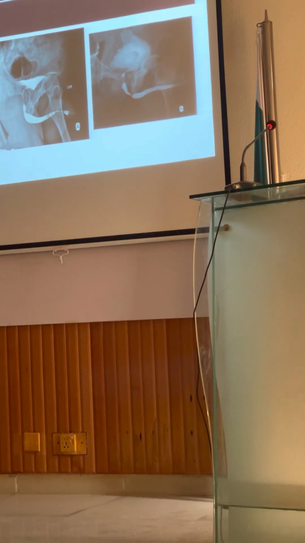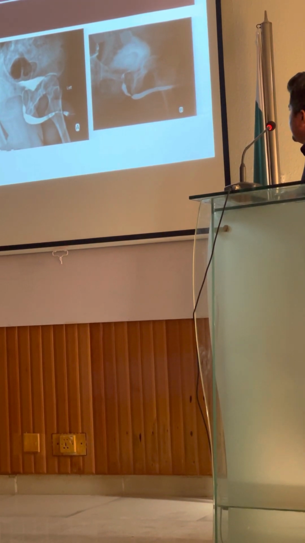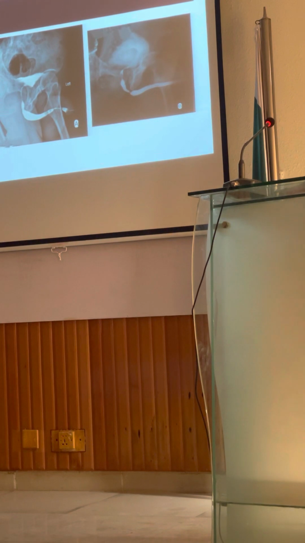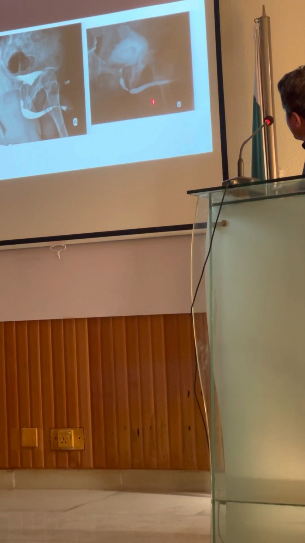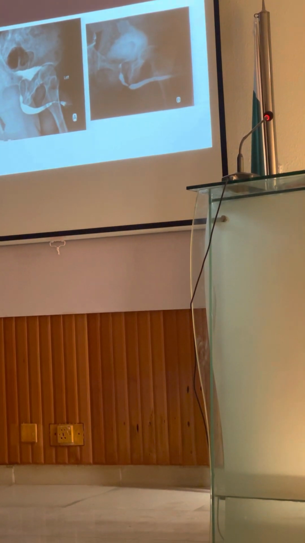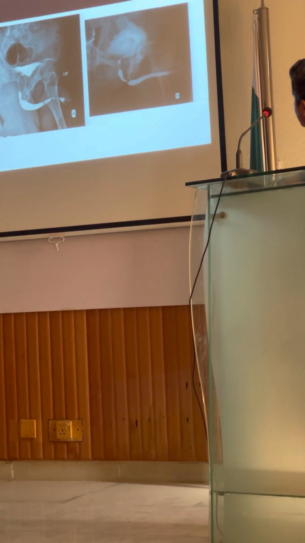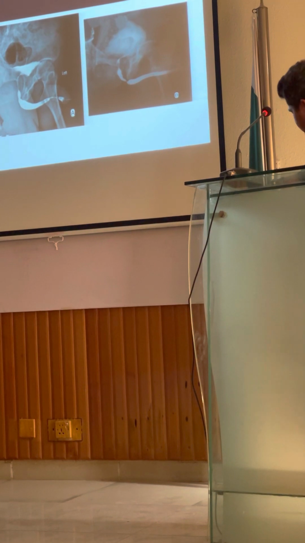This urethrogram shows that there is a stricture at the distal part of the penile urethra, and this is why you can see that the proximal urethra is dilated. Now, if you look at figure B, look at this area. We can see there is a stricture at the bulbar urethra, and the penile urethra is normal.